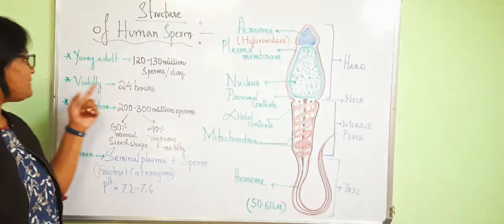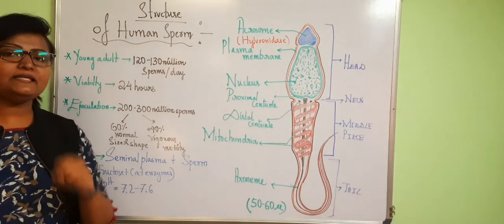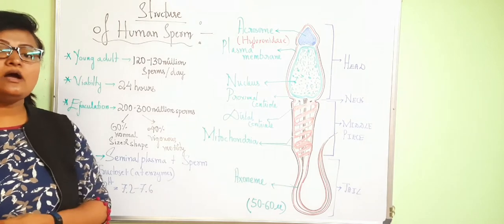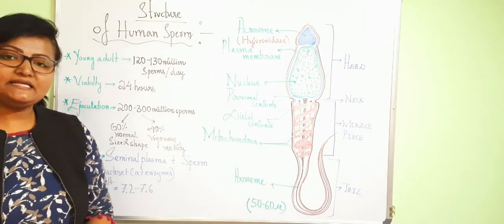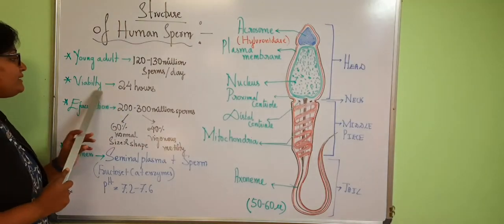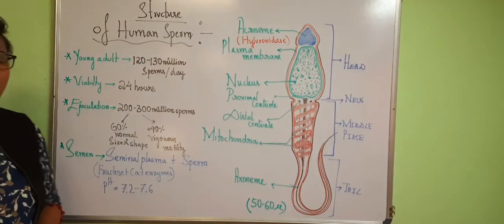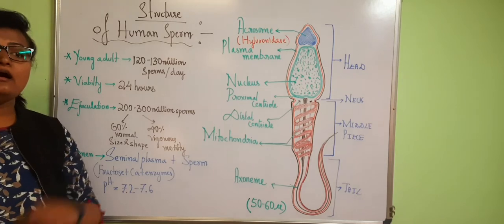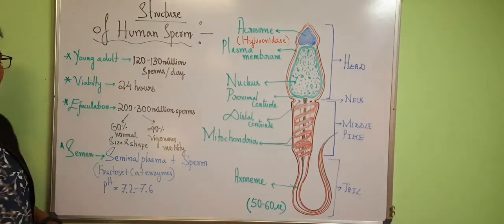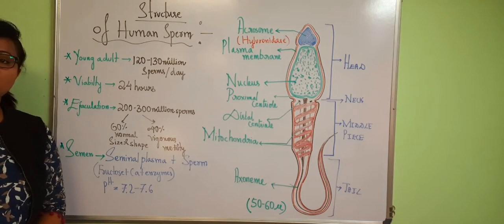So during spermatogenesis, a young healthy adult male produces 120 to 130 million sperms per day. And viability means how many hours they are alive. They live only 24 hours.